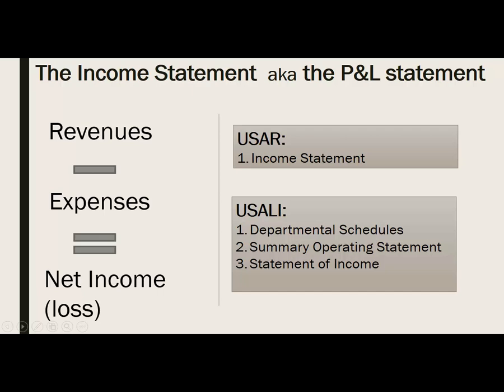Okay? And then, depending on who's looking at the information, you'll see the summary operating statement. This is mostly for operators, so it won't include depreciation, amortization, interest, income tax expenses, because you're in charge of operating the business. You're less concerned about the depreciation and interest and income tax.